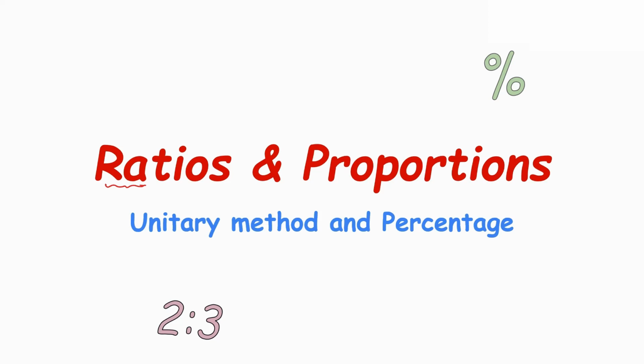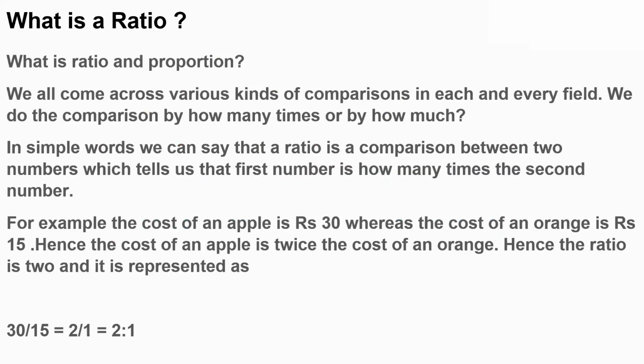Okay, everyone, today I'm going to start a topic that's ratio and proportion. And what is actually a ratio? Ratio is a comparison. When we are comparing two things with the same unit, that is actually a ratio.